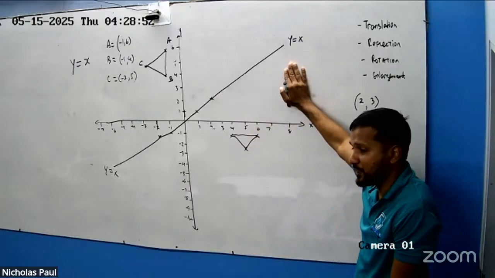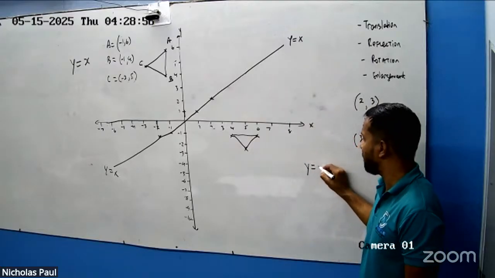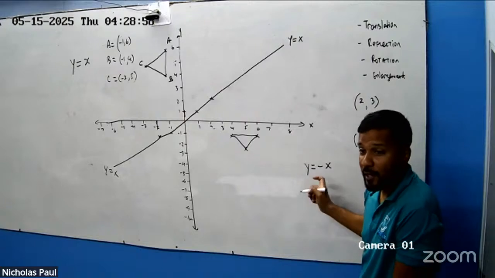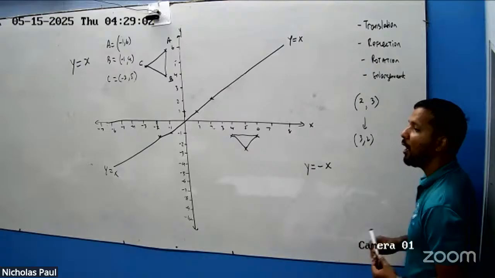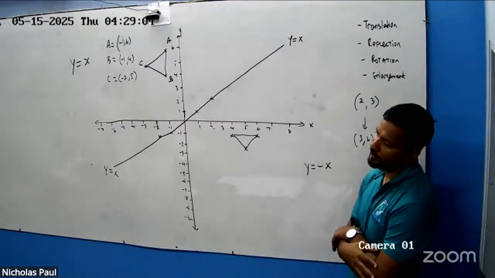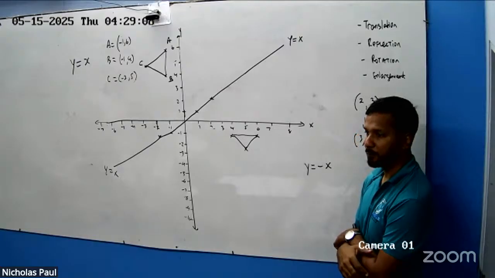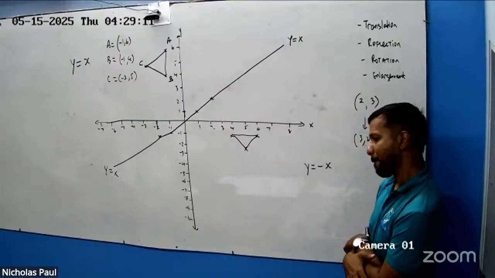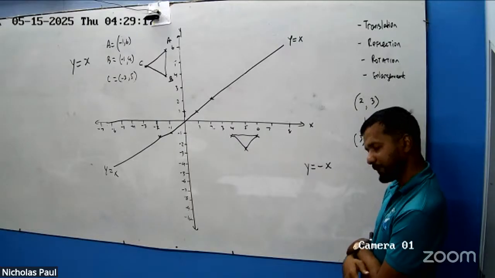I have a question. Suppose I made you draw, in fact, I have two questions. How do I draw y is minus x? Michael, how do you think I'm going to draw the line y is equal to minus x? Think of something.